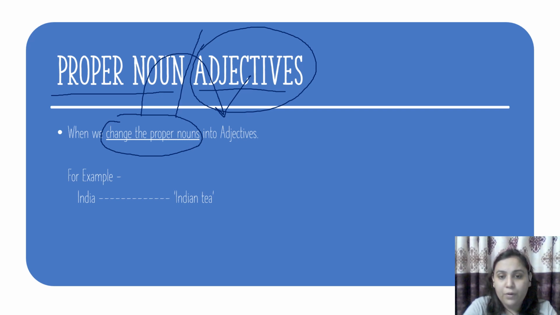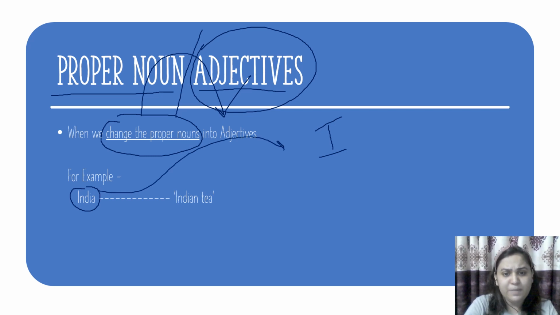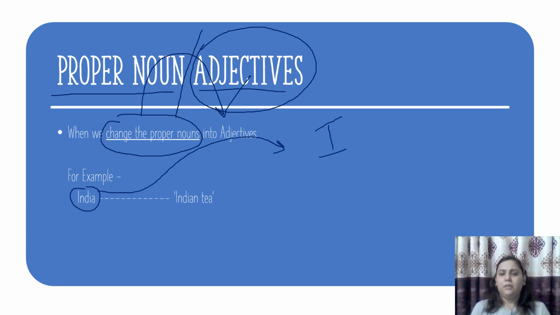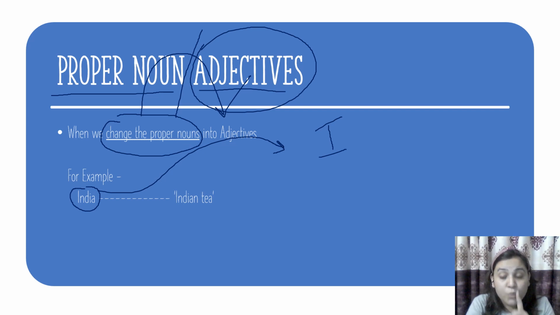For example, if I talk about a place called India, this is a name of a place. This is a specific place, India. Now, how am I supposed to change it into an adjective? I am talking about a kind of tea which is grown in India.